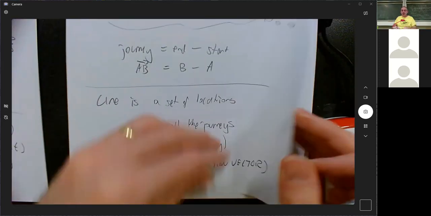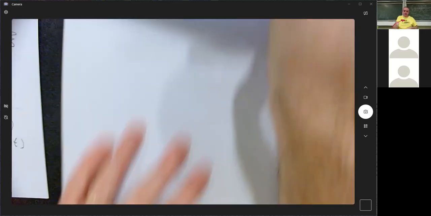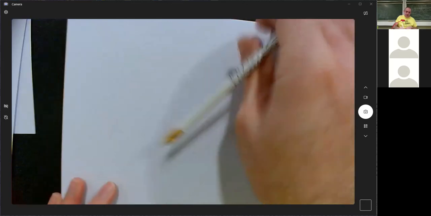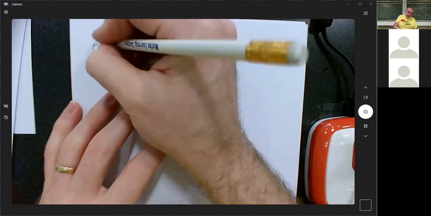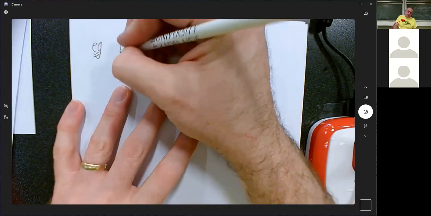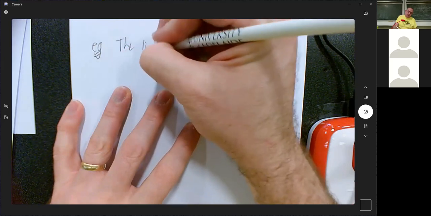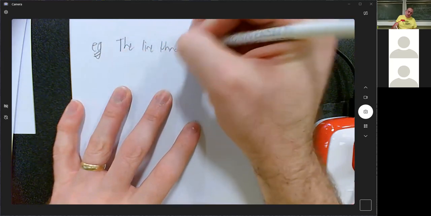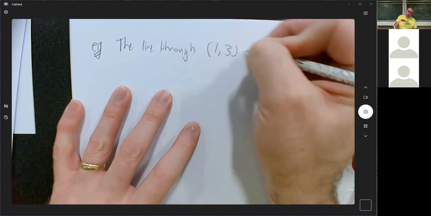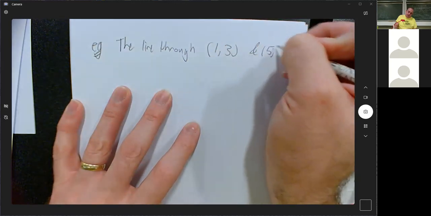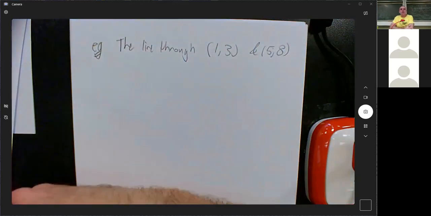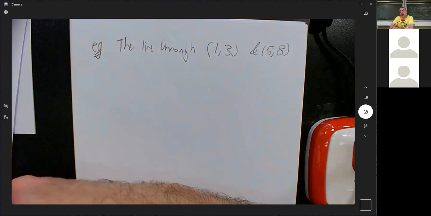So just as a concrete example, the line through the points 1, 3 and 5, 8.